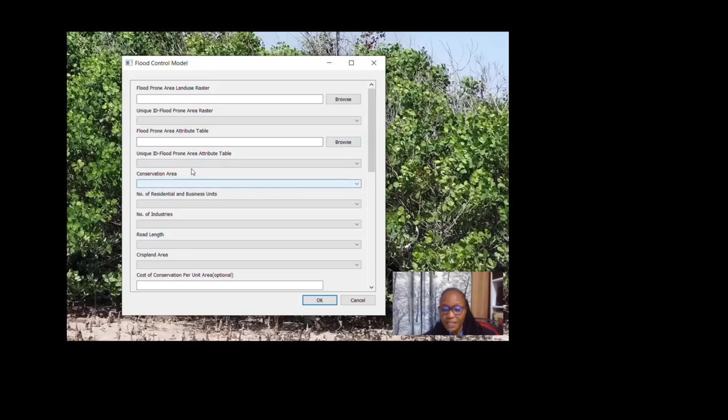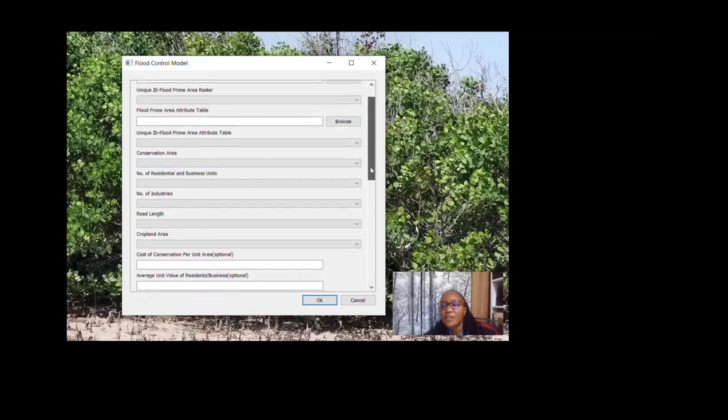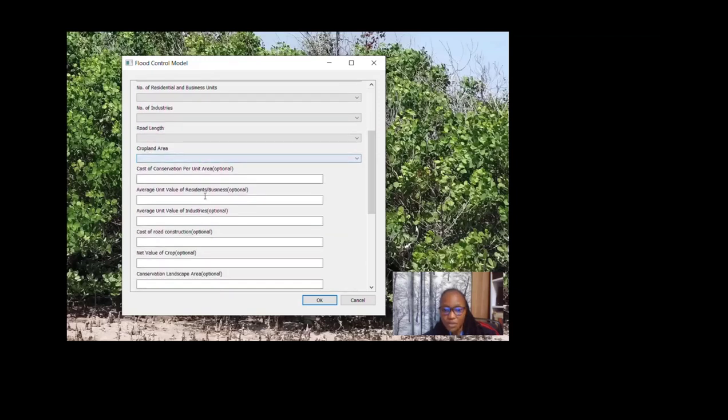Once that has been done, then we enter the rest of the information: the conservation area, the number of residential area and businesses, number of industries, the road length, the cropland area, as depicted by the attribute table that has been loaded onto the raster.